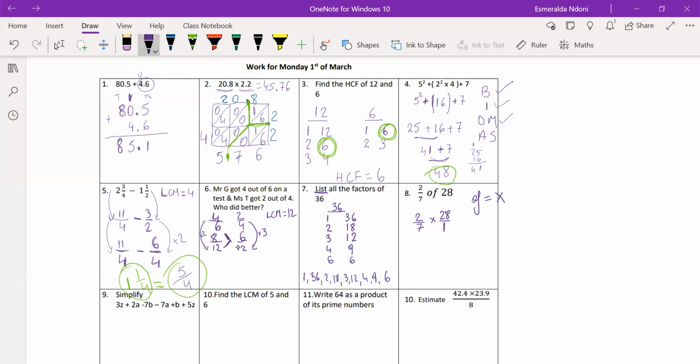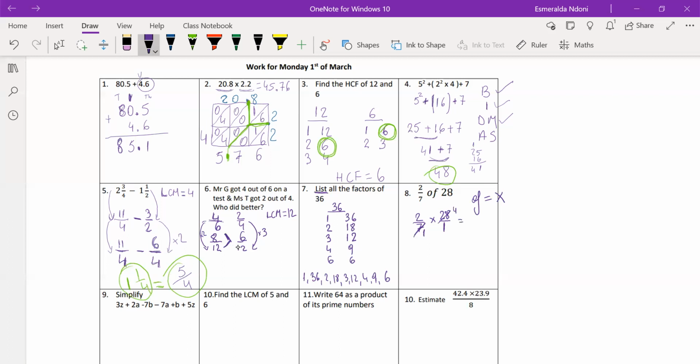Before we do that, make your life simple, simplify first. So we need to see if we can divide the numerators and denominators by the same number. So that's 7 divided by 7 leaves you with 1, and 28 divided by 7 leaves you with 4.